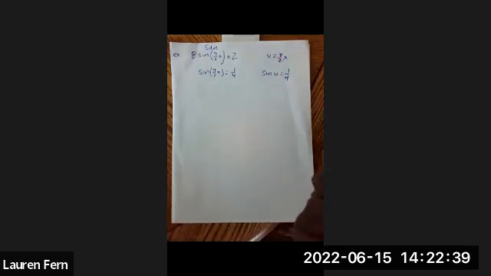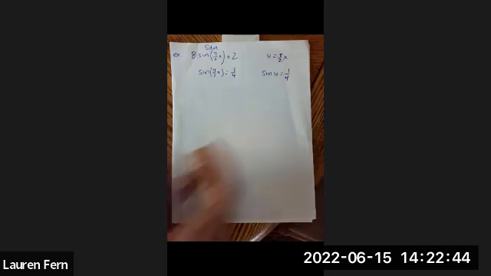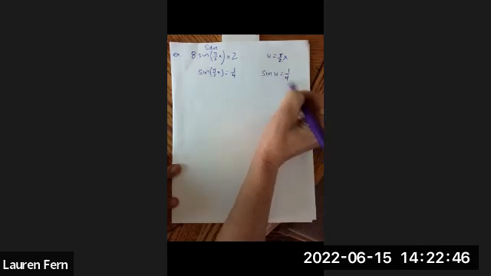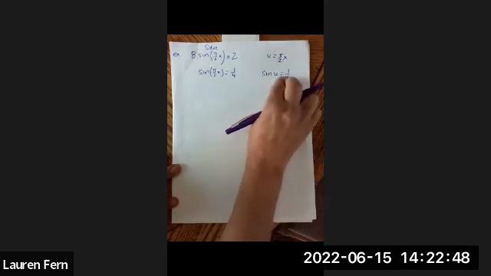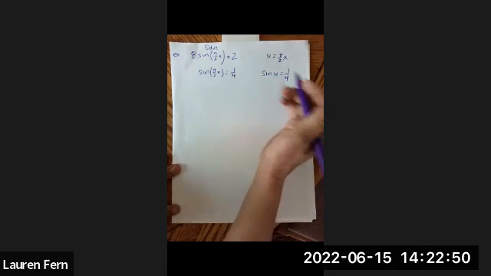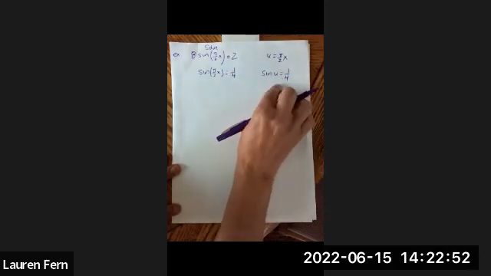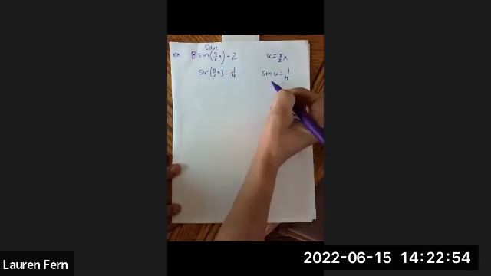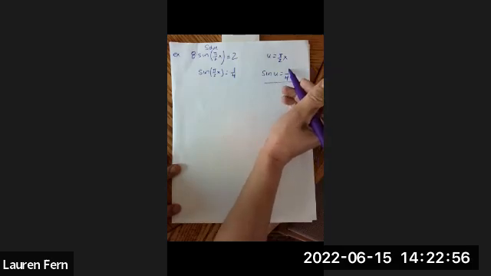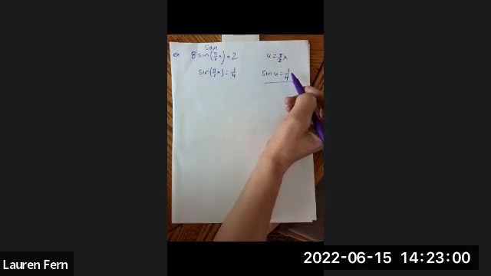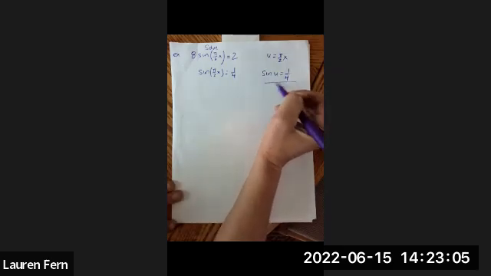All right, so notice this is not some common value that we're aware of. So we're going to be using our calculator here, okay? Again, it's not 0, 1, -1, 1/2, √3 over 2 or √2 over 2.